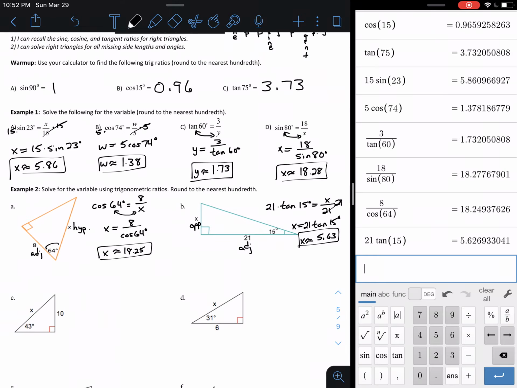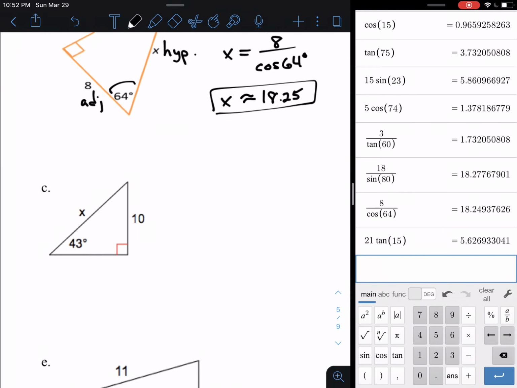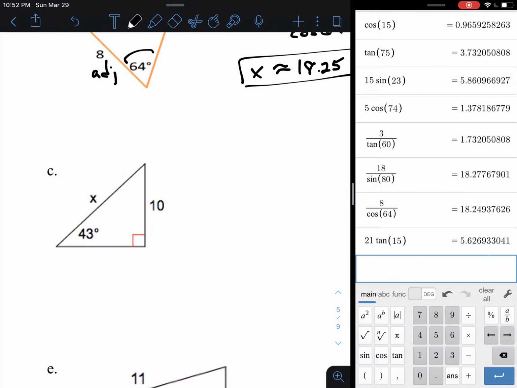Okay. And we'll probably jump around. I don't know that we'll do all of these. We'll go ahead and continue with C because we'll get to see a new trig function. So on C, let's take a look at our angle, which is 43 degrees. We've got our opposite side, which is 10, and our hypotenuse, which is x. So to set this one up, I mentioned it to you, we're going to use the last trig ratio we hadn't used yet, which is sine.